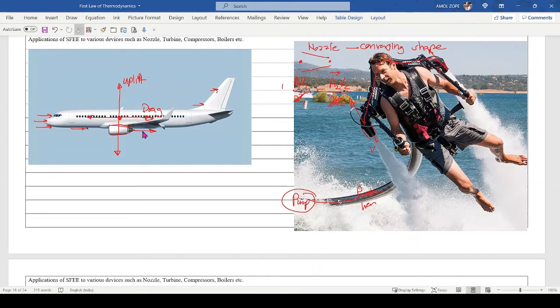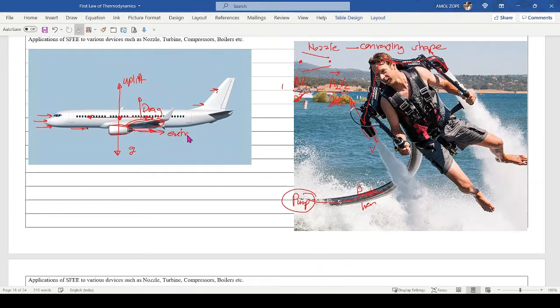So there is another principle: for every aspect there is another physics involved. Here there is the action reaction principle, and hence the aircraft moves ahead. As the aircraft moves ahead, because of the wing profile, the uplift force gets generated, and that will cancel the gravitational force, and this drag force will be cancelled by the jet engine exhaust.